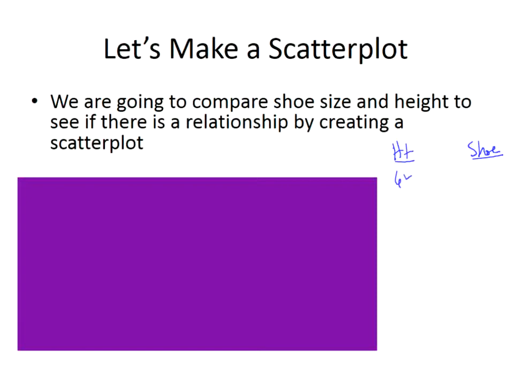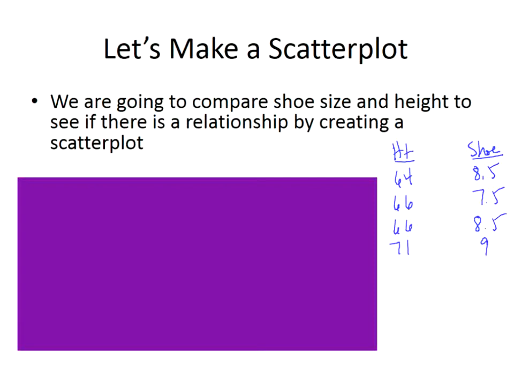So the first height I have is 64 inches and 8.5 shoe size. The next one I have is 66 inches, 7.5 shoe size. Then I have another 66 and 8.5.